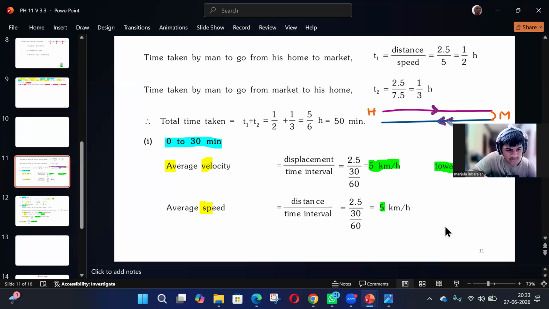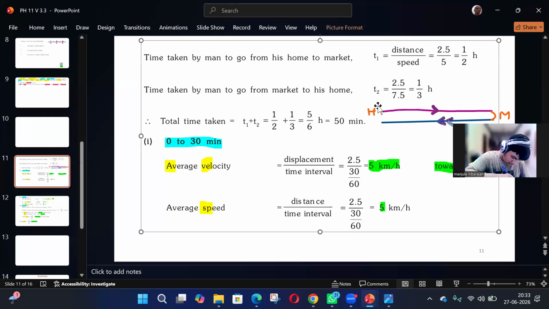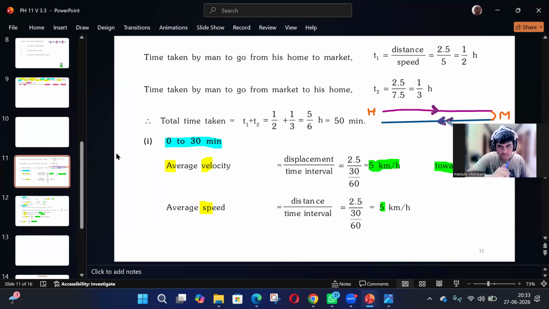His average velocity will be... See, for the man to return from market to home, the time is 1/3 hour, which is the same as 20 minutes, right? So the speed is 6.25 kilometers per hour.